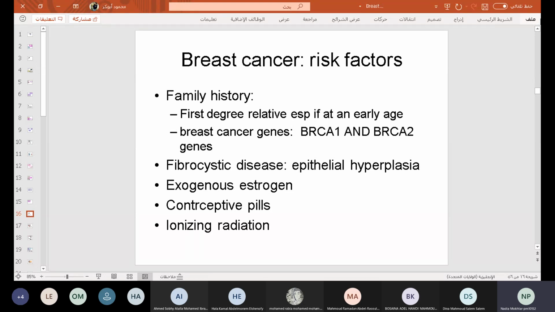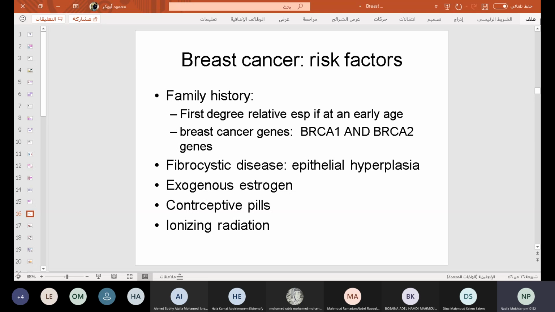If any trauma occurs in the breast or if any high level of estrogen develops, these genes will work to eliminate any genetic malformation by killing the cell that is damaged or mutated or has a malignant potential. So, what happens?